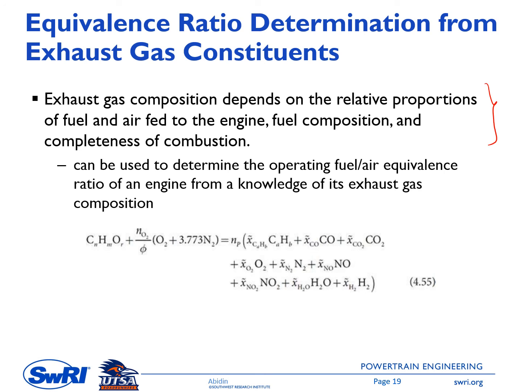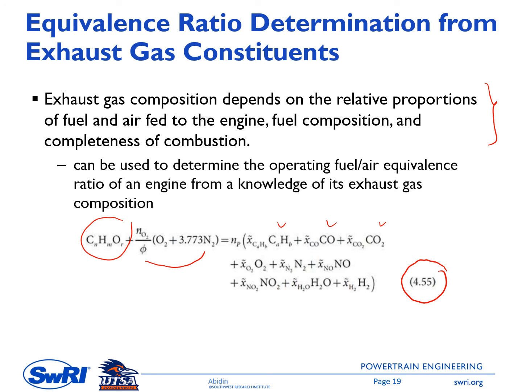Okay, and we use this formula, the reaction, equation 4.55, for the reaction of the fuel here, plus the oxidizer here, this is air, and in the product we have unburned hydrocarbon, and then we have CO, and then CO2, oxygen, and so on.